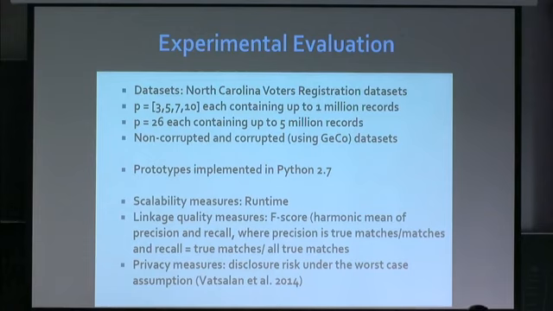And these data sets include both non-corrupted and corrupted versions. We implemented all our prototypes using the Python programming language, and we evaluated scalability using runtime, linkage quality using F-score, and we used our disclosure risk measures for evaluating privacy under the worst case assumption.